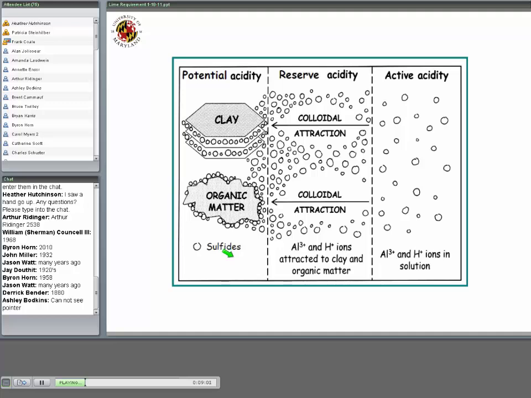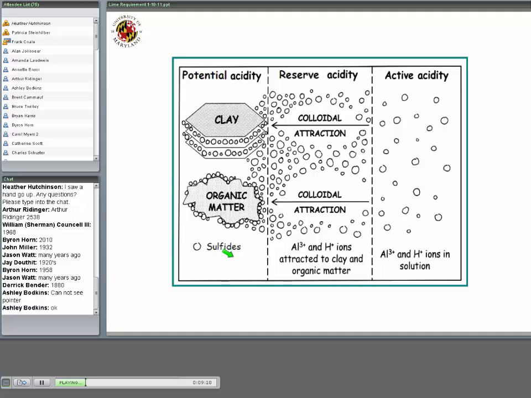And in situations like that, sulfides can exist and they can oxidize. And over a relatively short to a moderate period of time, you can get substantial amounts of acidity being released. And these are not picked up in either the initial soil pH or in the reserve acidity tests that we have.